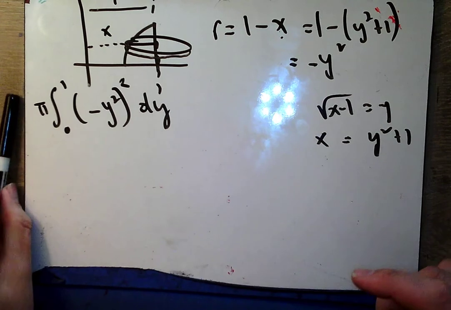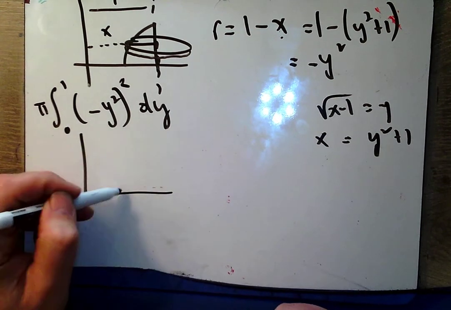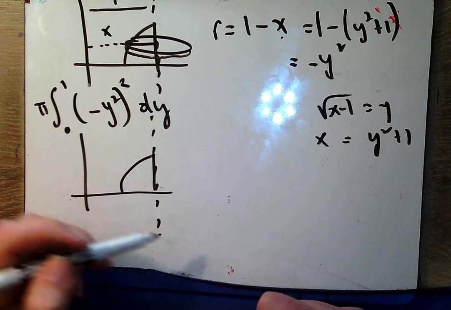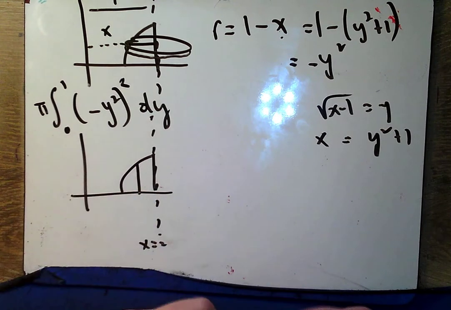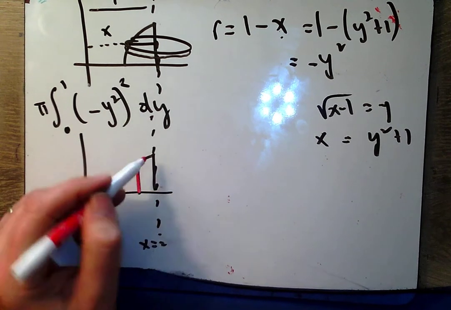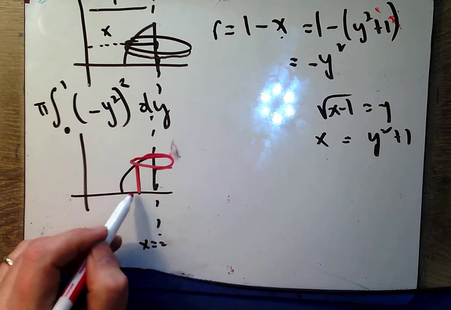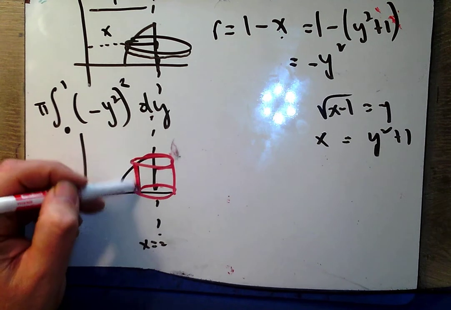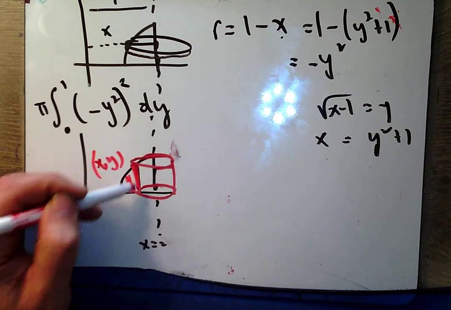What about shells? If I'm doing this region with shells around x equals 2, draw something parallel to the axis of rotation. Okay, so it looks like the height is the y value there.